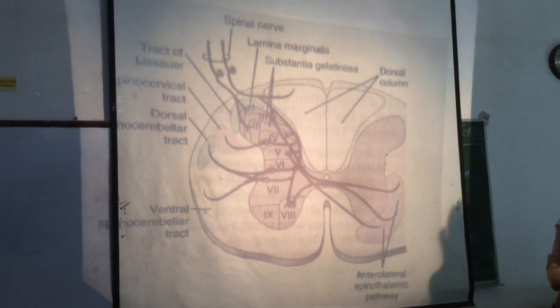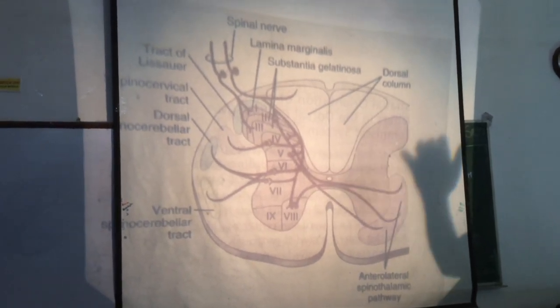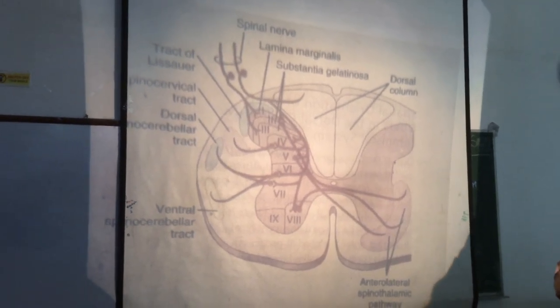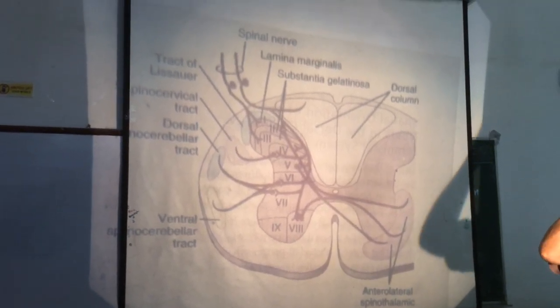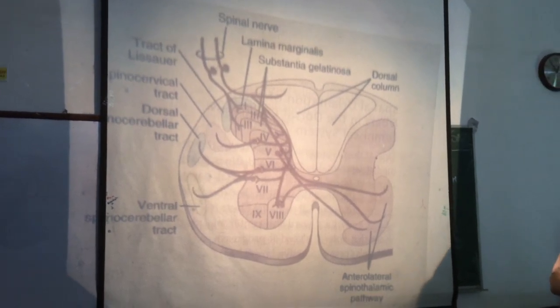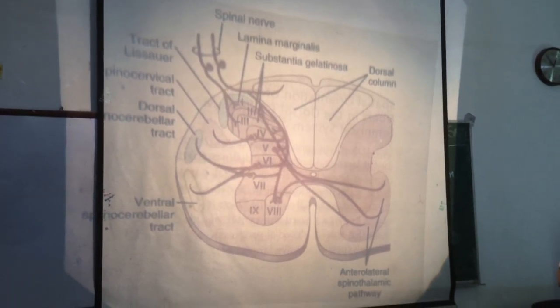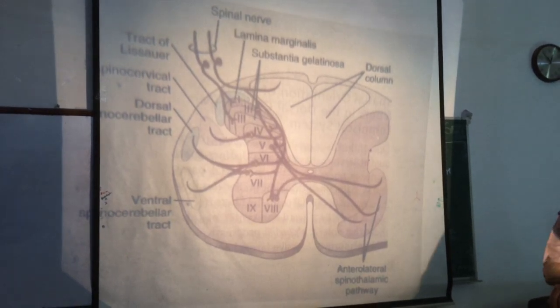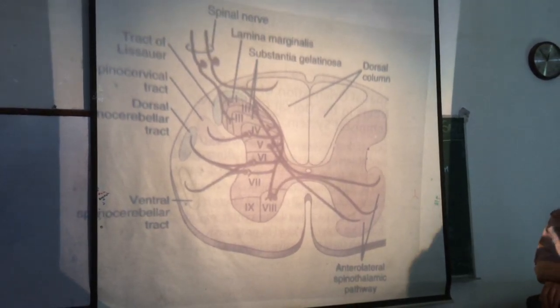These neurons are present at the apex of the posterior gray column, and these receive nerve fibers carrying impulses of pain, temperature, and touch.